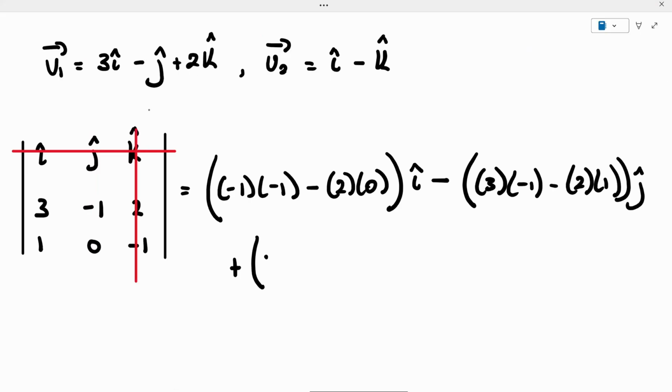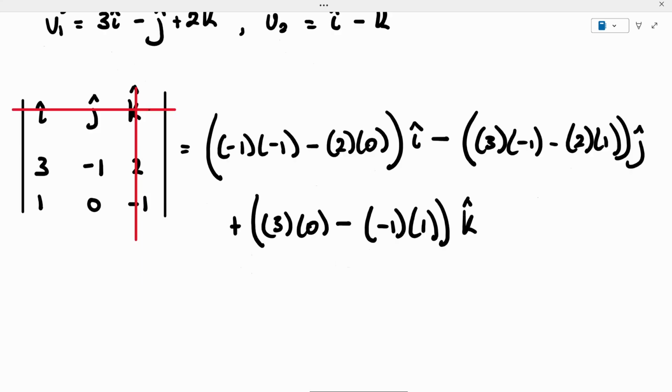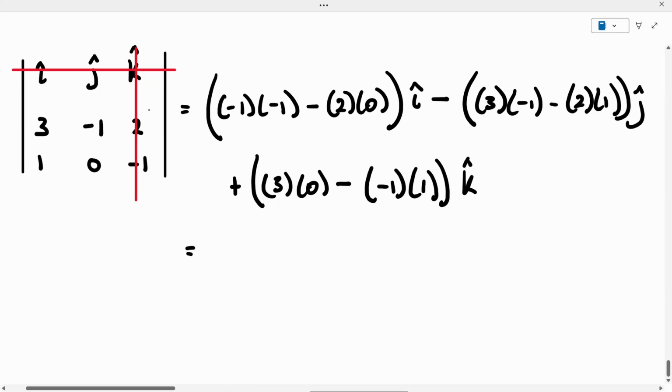And we take 3 times 0 minus 1 times 1. What is the vector that we get here? Minus 1 times minus 1 is 1, minus 2 times 0, 0.